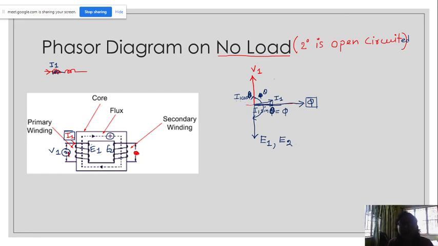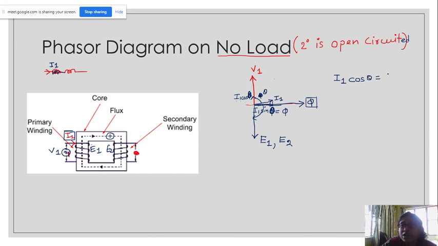Yes, ma'am. Okay, so another thing I would like to say is that the current I1 is the total current. Now we have bifurcated it into two parts. One is I1 cos theta.